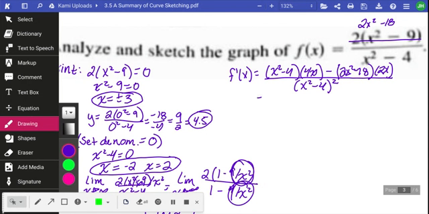Go ahead and simplify the numerator. Distribute your 4x through that first binomial and distribute that 2x through that second binomial. And then we'll also combine our like terms. I'm going to try and do it in my brain. Very nice.